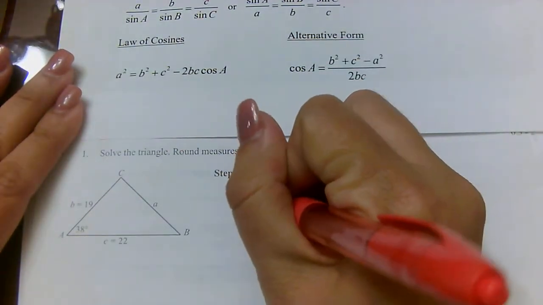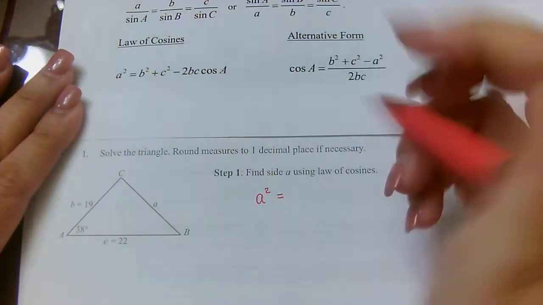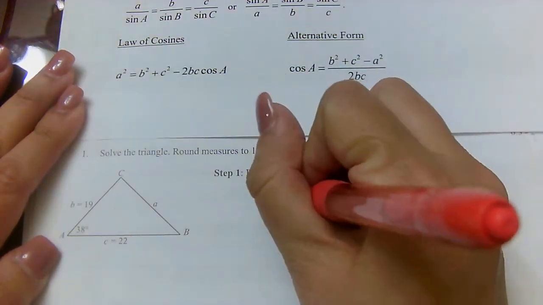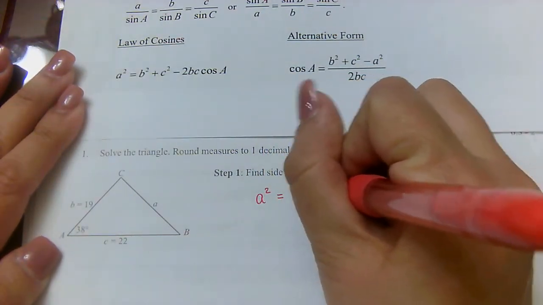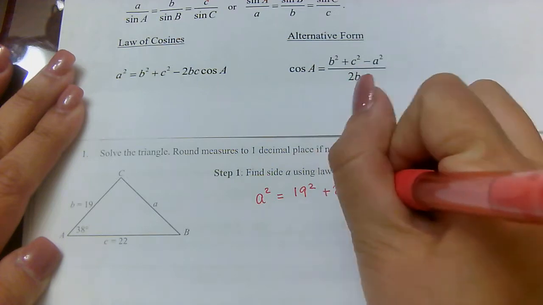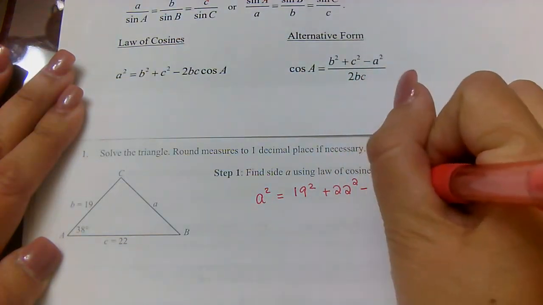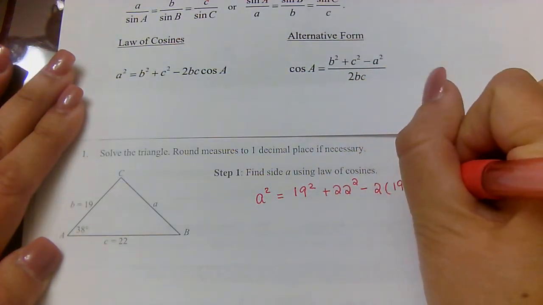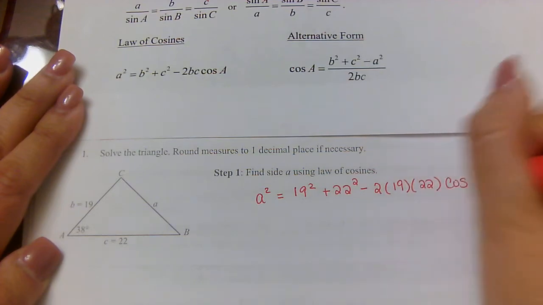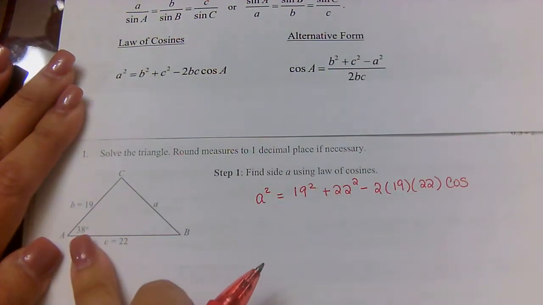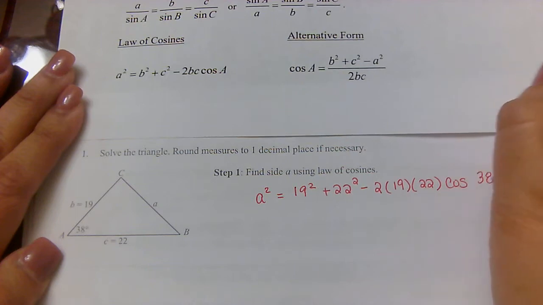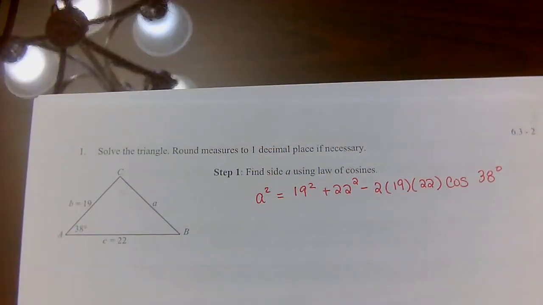I'll do a squared is equal to b squared, which is 19 squared, plus 22 squared, minus 2 times 19 times 22 times cosine of A being the 38 degrees. Use the calculator.